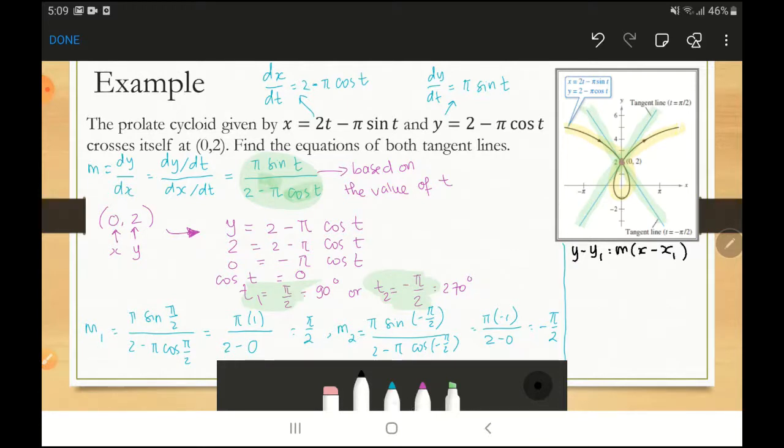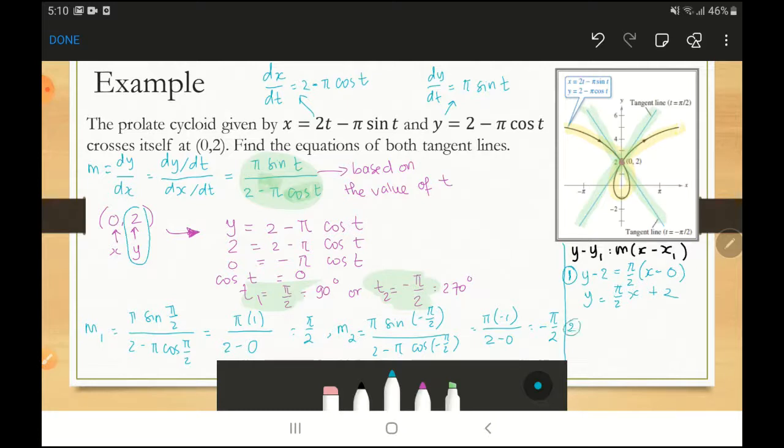So for the first line, we have y minus 2, since our y1 is 2, equals our m, the first one, pi over 2, times x minus 0, because x1 is 0. We have y equals pi over 2 x plus 2.